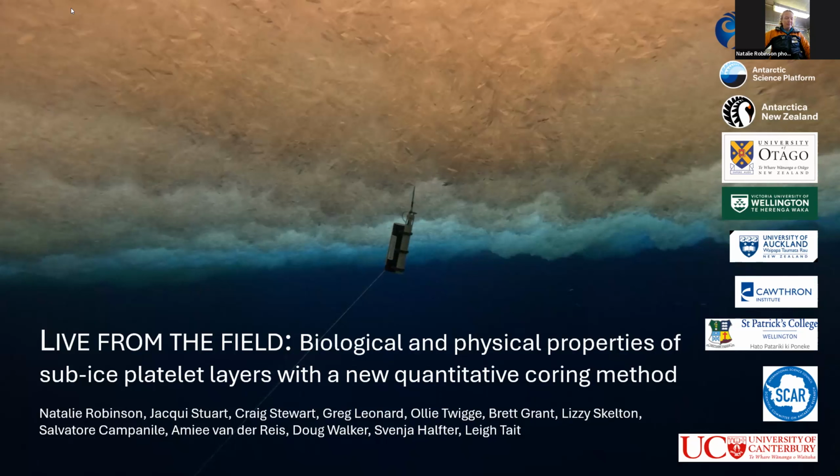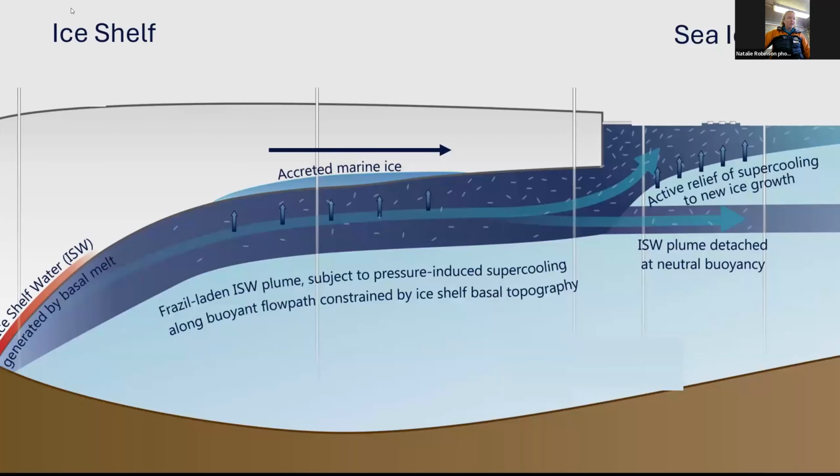And this, coming up the western half of McMurdo Sound, is a significant outflow of ice shelf water ultimately sourced from beneath the Ross Ice Shelf. And so that's our location of interest because that's where the supercooled water is at its highest concentration and volume. And of course that supports the largest platelet accumulations in the area.